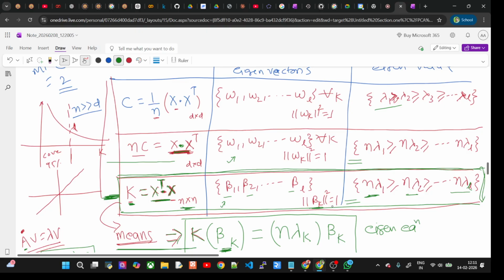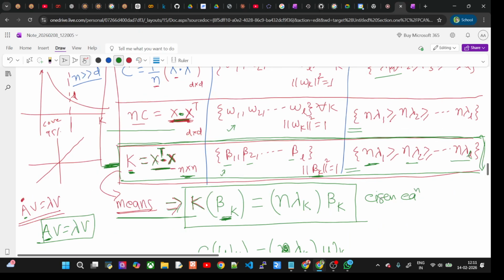And the eigenvalues of X transpose X are the same as those of X X transpose, because we know the linear algebra fact that non-zero eigenvalues of X X transpose are the same as X transpose X, which we calculated last time using SVD. So they are n lambda 1, greater than n lambda 2, and so on till n lambda l. Okay, till now we are here.